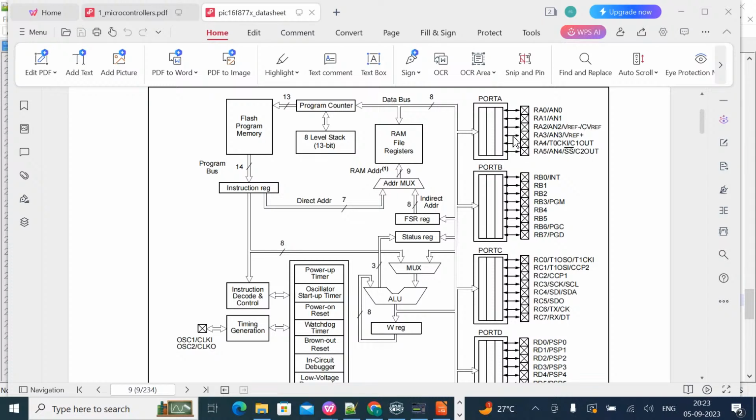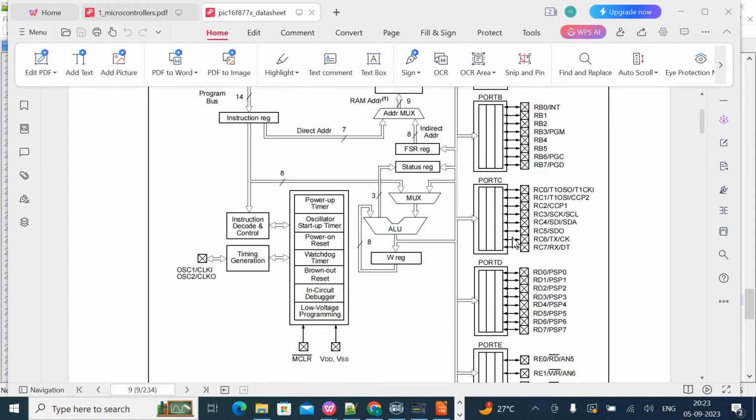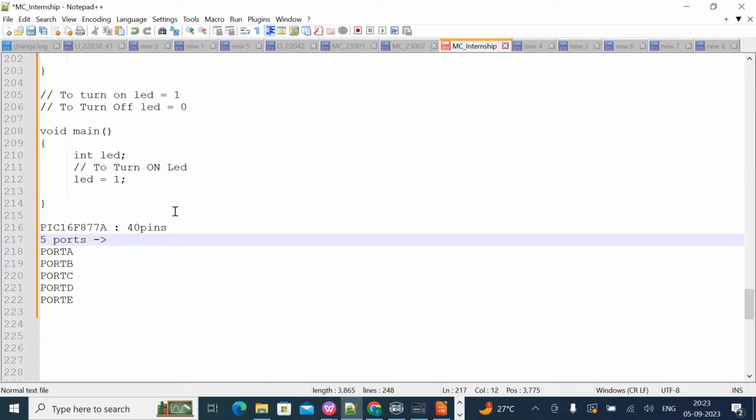Don't you think every port has arrows towards both directions? So that means it's both sides. You can send data and receive data, in simple terms. So it will be bidirectional. Nice. So you have 5 ports and they will be bidirectional. Am I right, everybody? Very good.